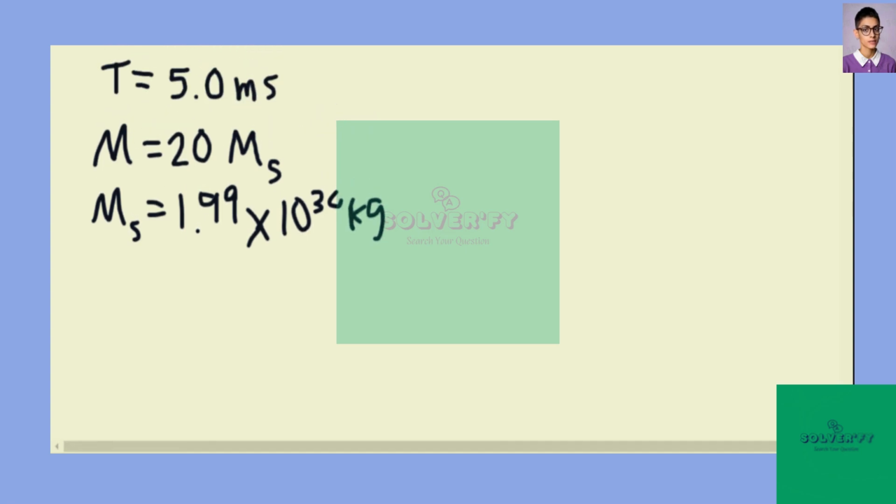Okay, well, we know that period squared equals 4 pi squared r cubed over GM.